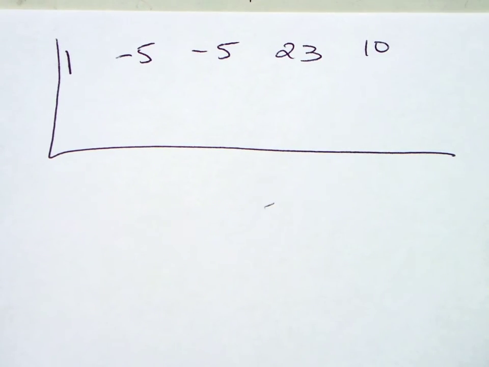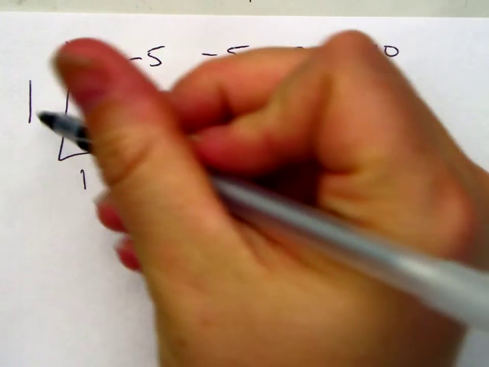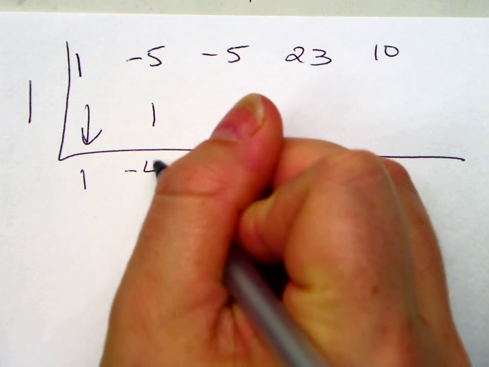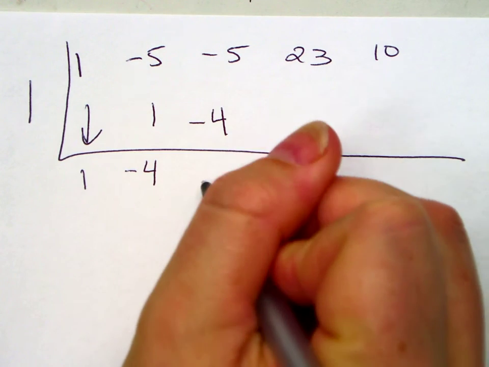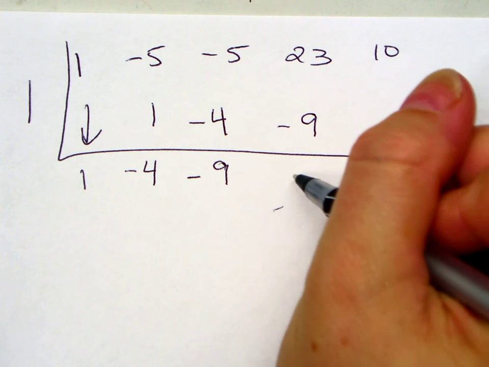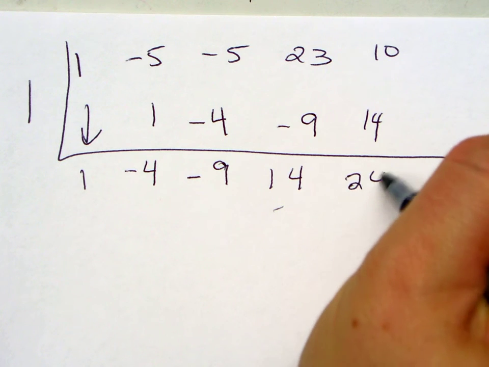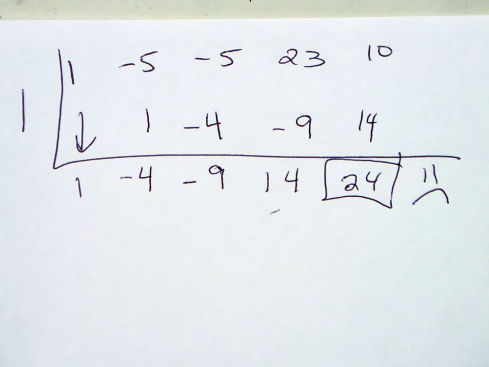I mean, you don't have to, but I think it's easier. All right, so we bring the 1 down. 1 times 1 is 1. Negative 5 and 1 is negative 4. 1 times negative 4, negative 4. Negative 9. Negative 9. 14, 14, 24. So we have a remainder. If we have a remainder, we're sad. That means 1 did not work.